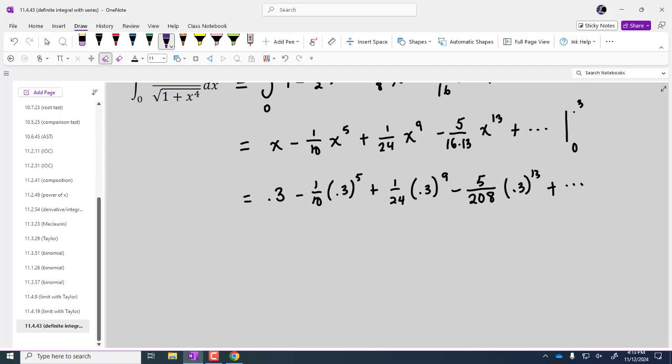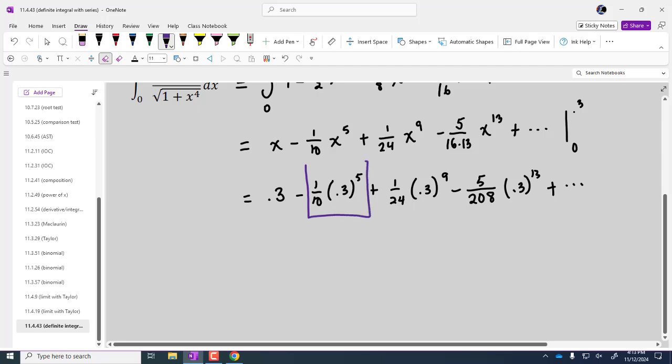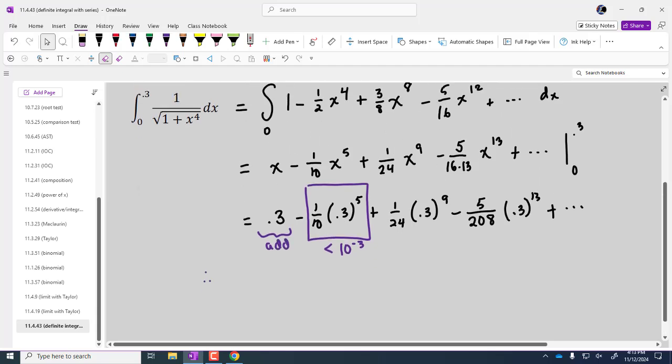So this term right here is less than 10 to the negative 3. Therefore, there's nothing to add. So therefore, the integral, I don't want to use an I. Let's use a gamma.